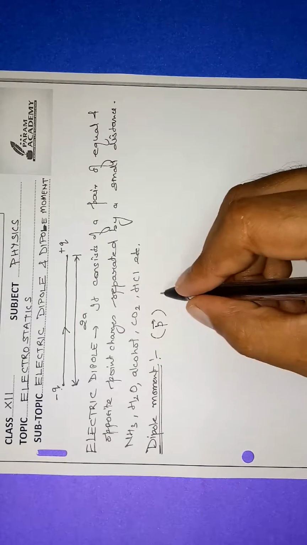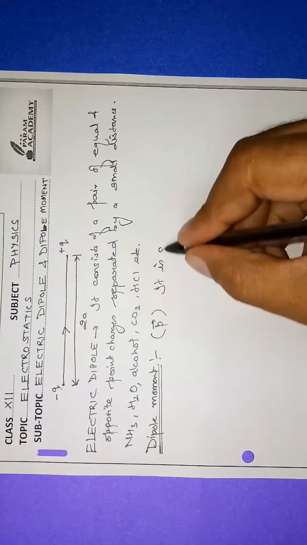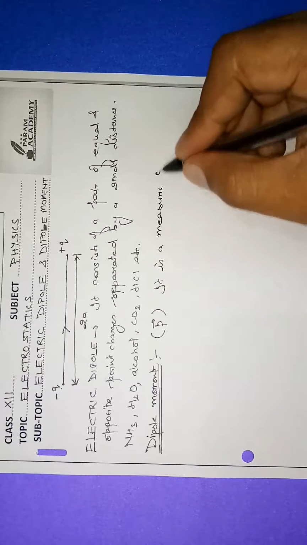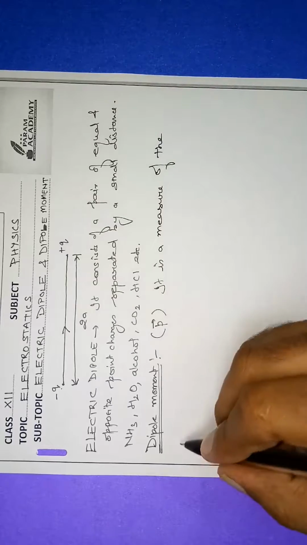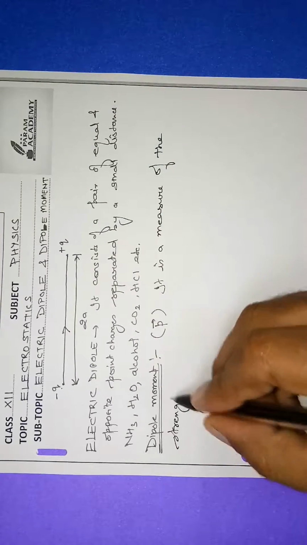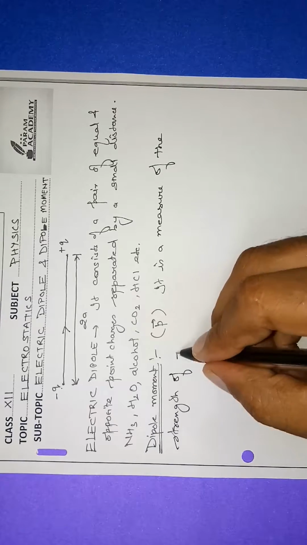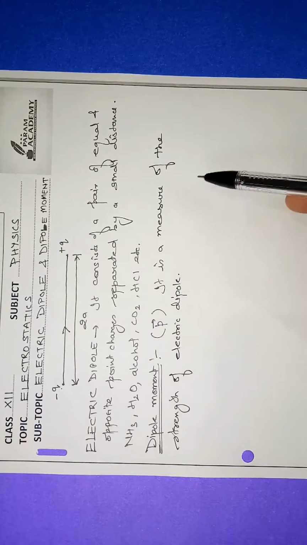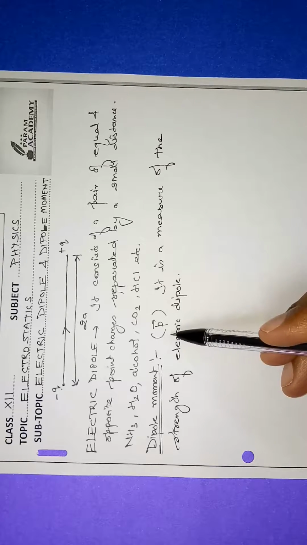So it is a measure of the strength of the electric dipole, and the symbol is small p.